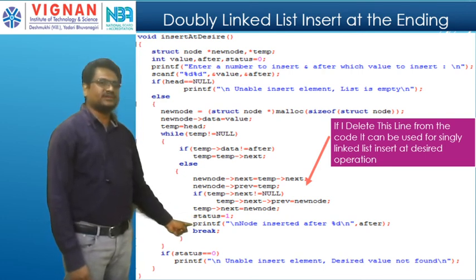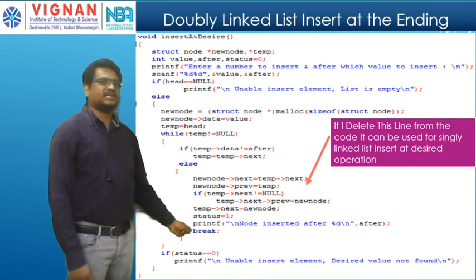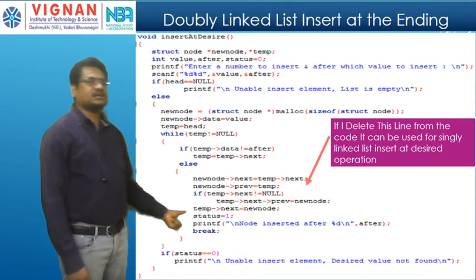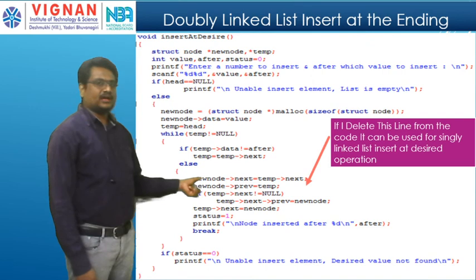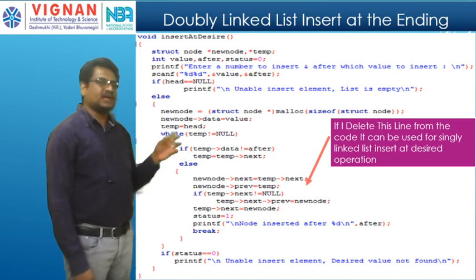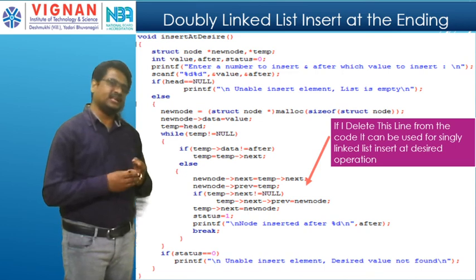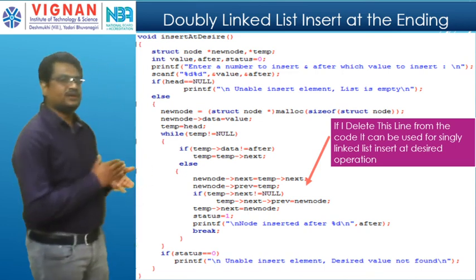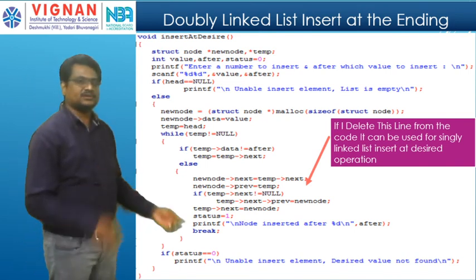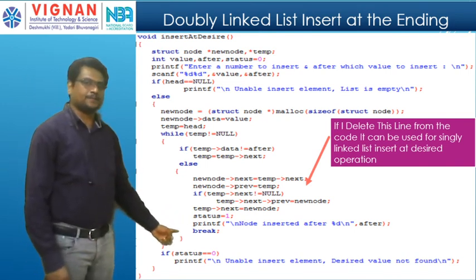Then automatically it breaks the loop. If previously I have 3 elements, I have to search 3 times. But in the second element only I found the desired element, so I need to stop the loop at the second element only. That's why I put break here.